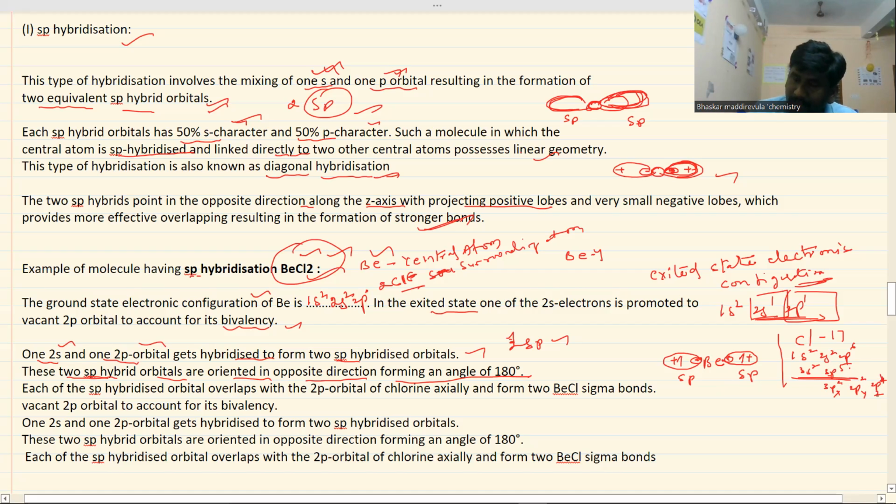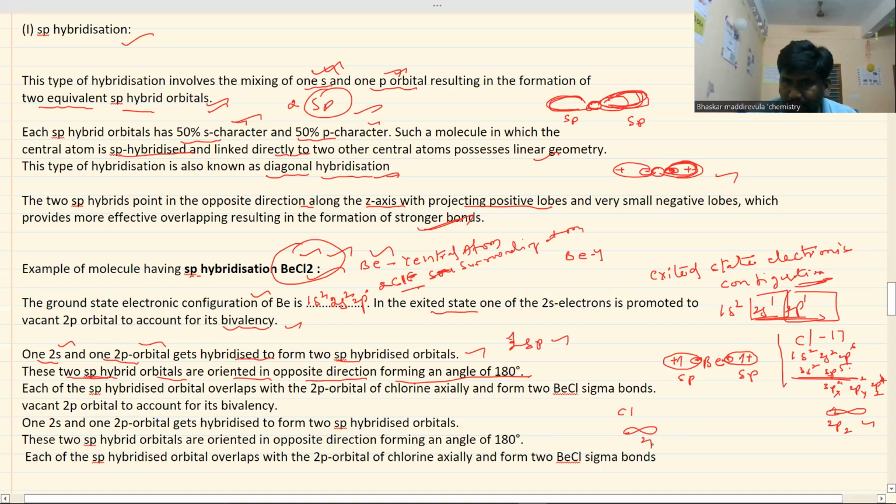What is the shape of the p orbital? Dumbbell shape. This pz orbital has one electron. In the same way, the other chlorine also has the same type of pz orbital with one electron at the end.